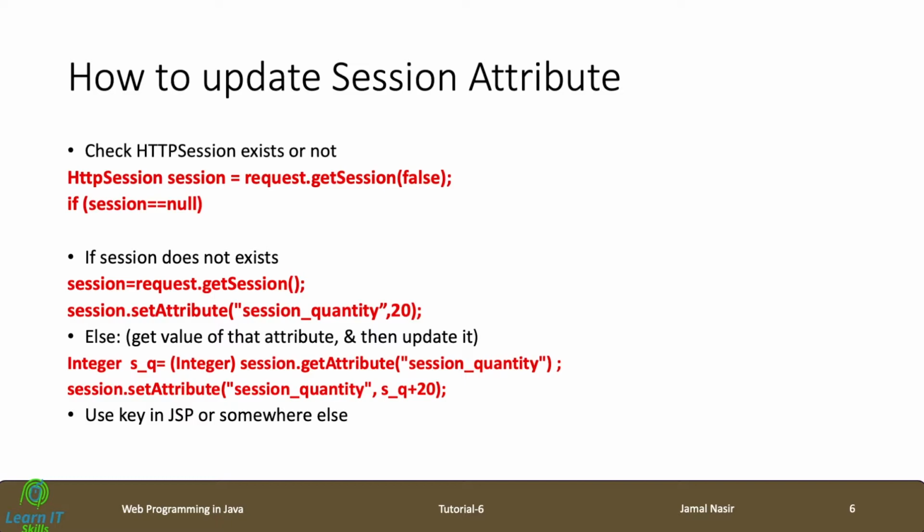That 20, again in this example, could be from a user input form, right? And then you can simply use this session value in JSP, right? With this statement. Okay, now we can go to Netbeans and try that code.